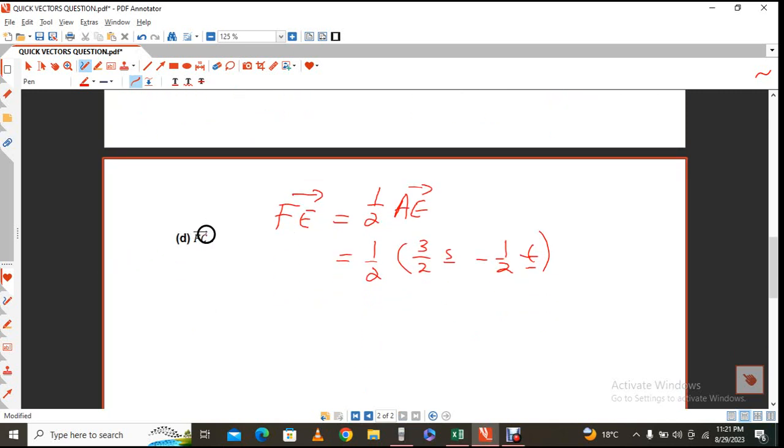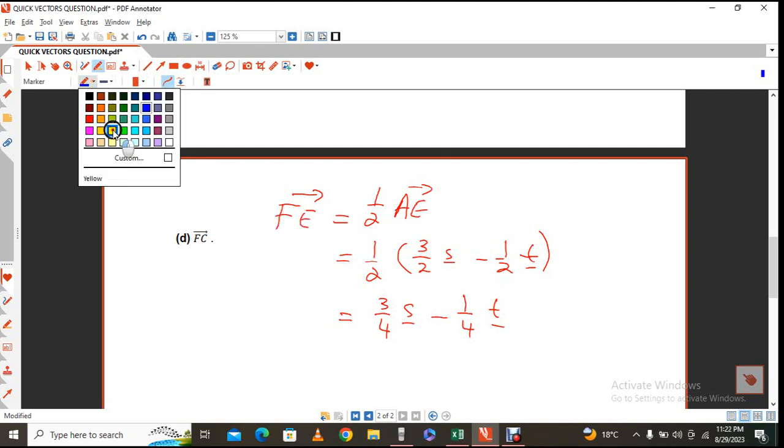If you distribute over, you multiply, that gives you 3 over 4 of S. Remember, numerator times numerator and denominator times denominator. And this is going to be nothing but a half times a half, which is negative 1/4 of T. So what we have here is our FE.